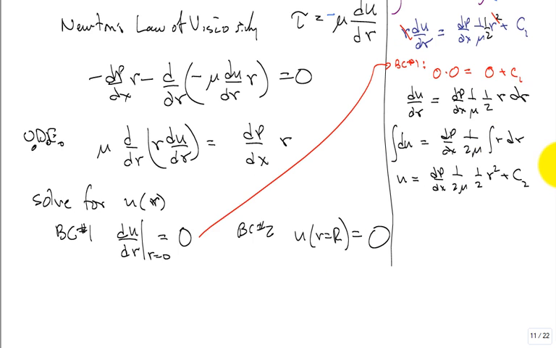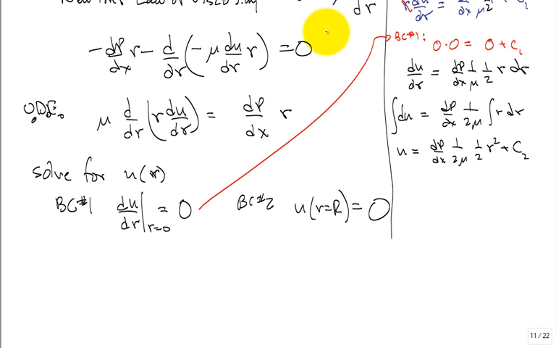What about that second boundary condition? You apply the second boundary condition, and what do you find? 0 is equal to dp dx 1 over 4 mu cap R squared plus c2. What's c2? The negative of that.